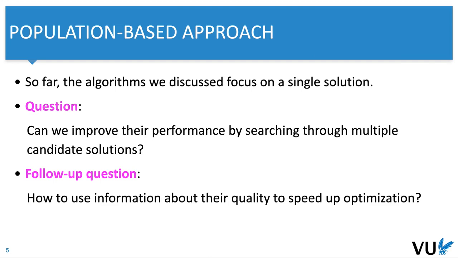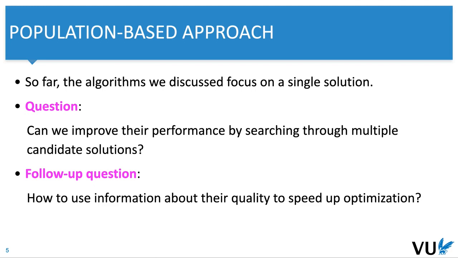What is interesting also is that all these methods that we discussed so far in lecture 2 and lecture 3, we assume that they work with one single solution at a time, right? In other words, we have one solution. It could be a point, a long vector or a matrix or any other object, a tree, a graph, whatever. But we just change this one point, we update it, and we just try to follow the direction that gives us the best outcome.